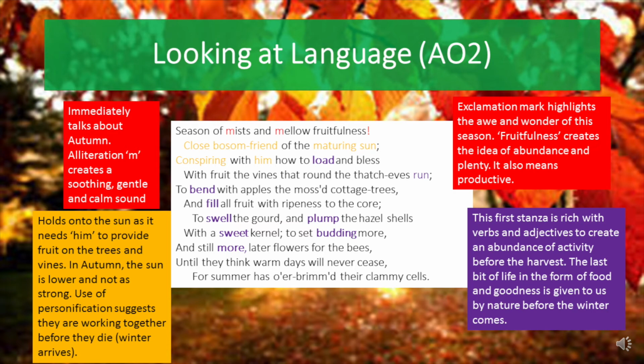You've got words like load, bend, fill, swell, plump, sweet, budding, more, so it's coming more and more. There's lots and lots of this lovely produce around, the gourd, which is the squash, the fruits, the hazelnuts, the nuts, the flowers, all these different parts that we associate with autumn at the beginning.